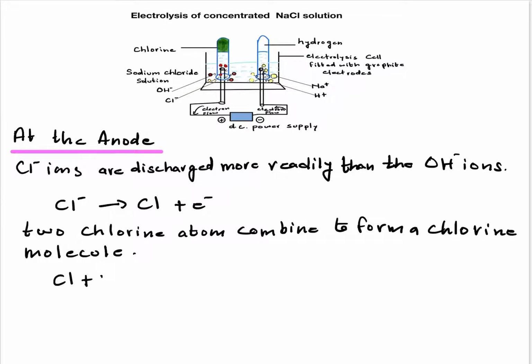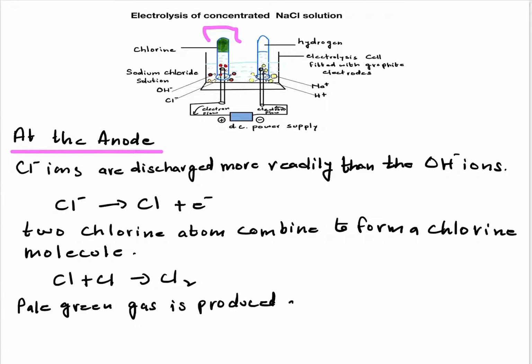Cl plus Cl will give you Cl2. And what do we observe over here? If we look at this part, we'll observe, we can write it down, pale green gas is produced at the anode.